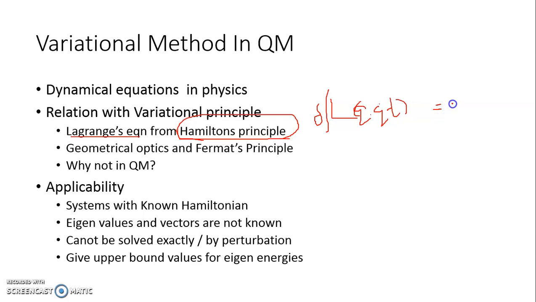This is Hamilton's principle of least action. The action integral will be an extremum whenever an object is performing a dynamics. Based on this principle, you have derived Lagrange's equation of motion.